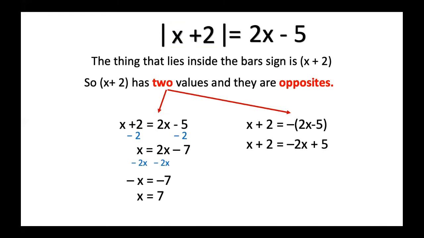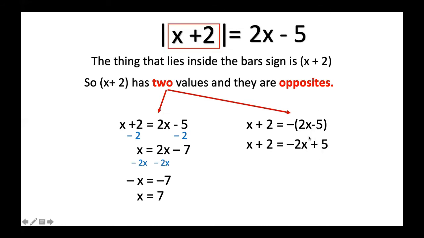Before we simplify the equation, we should open the brackets, or expand the equation. If we multiply negative by 2x, we have negative 2x. And if we multiply negative by negative 5, we have plus 5. So be careful.